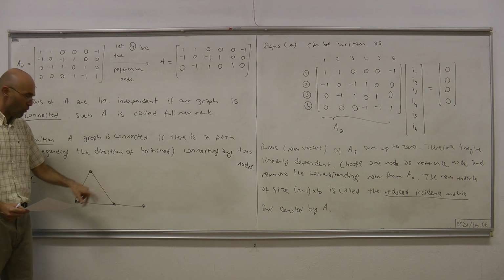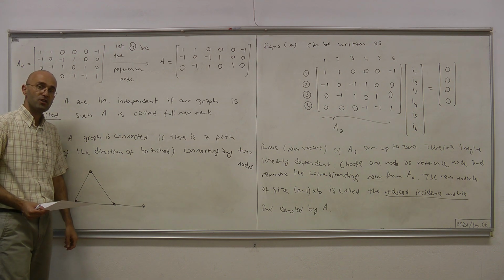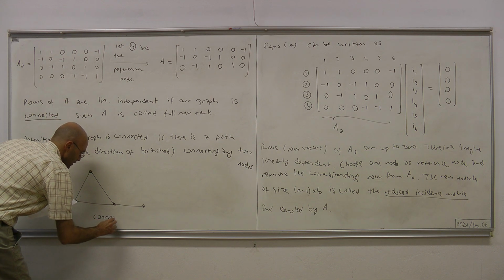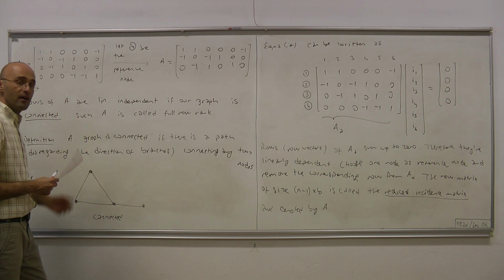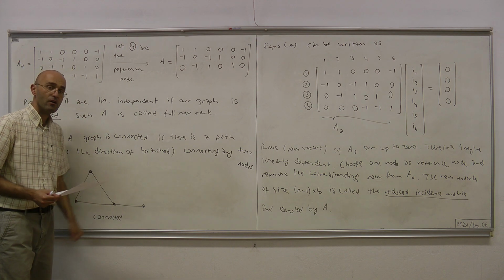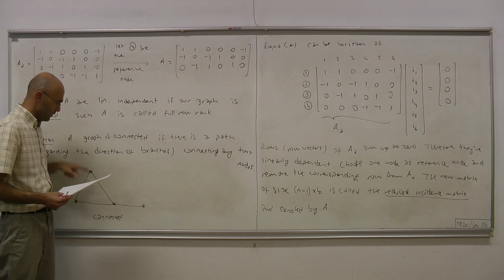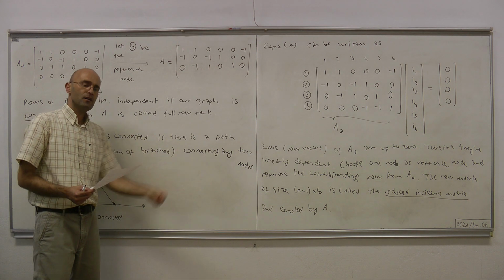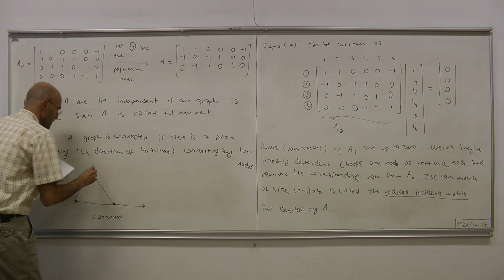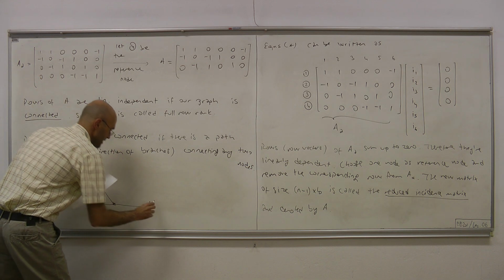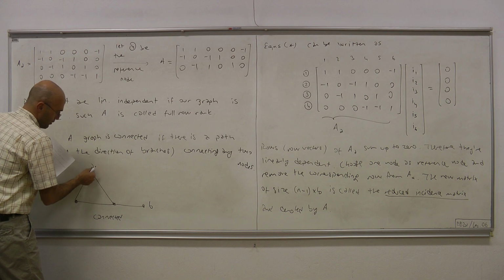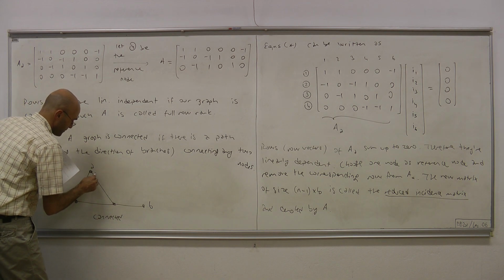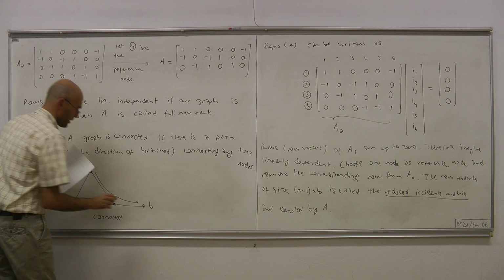For instance, consider this 4-node and 4-branch graph. This is a connected graph because you choose any pair of nodes, you can find a path that connects one to the other. For instance, let this be node A, let this be node B, and then from this node to that node, and from that node to B, you can construct that path.